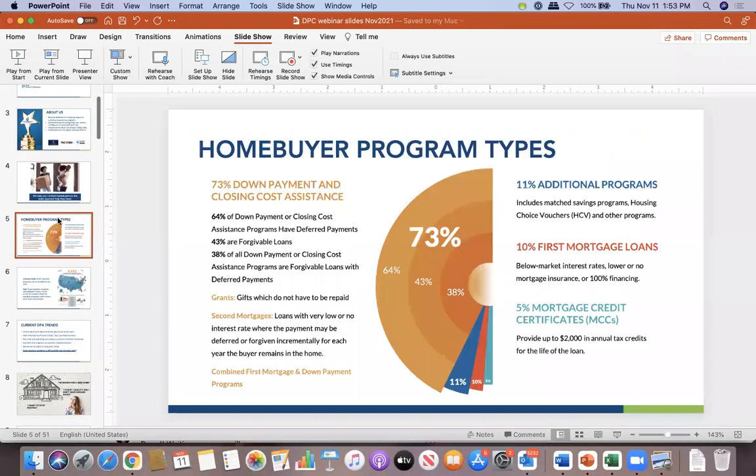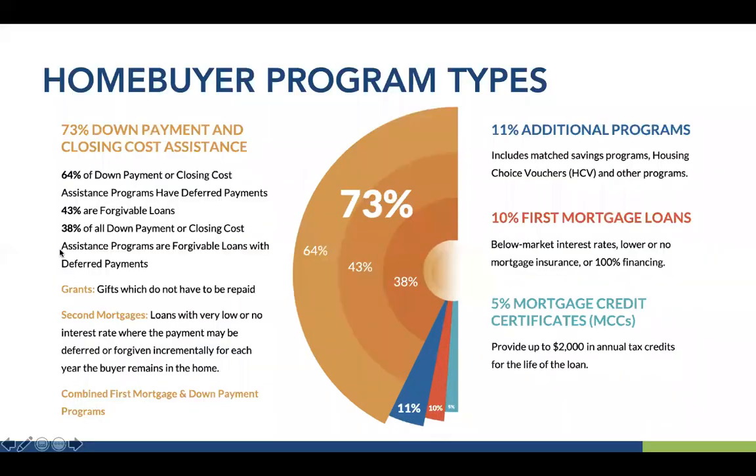So there are many kinds of homebuyer programs. Let me focus on the left side, which is down payment and closing cost assistance. Within that category, there are really 4 more categories. A down payment assistance program can be a repayable second mortgage where you get the assistance at closing, you close, you make your mortgage payment, and you also make a payment on the down payment assistance.